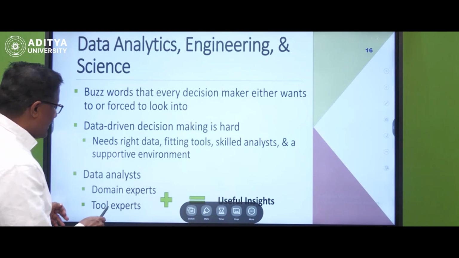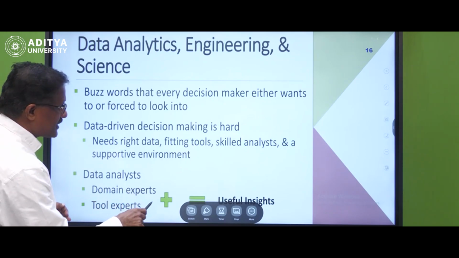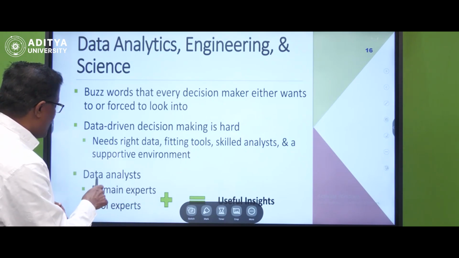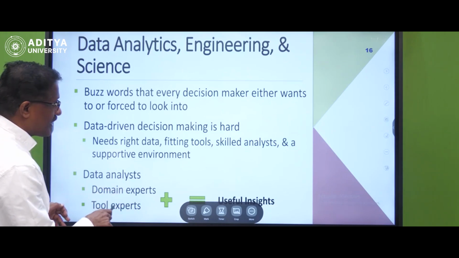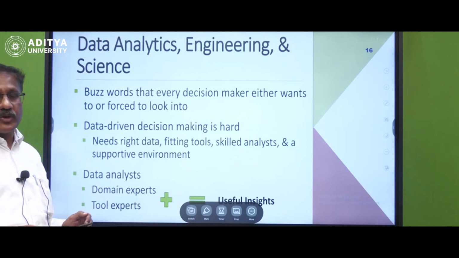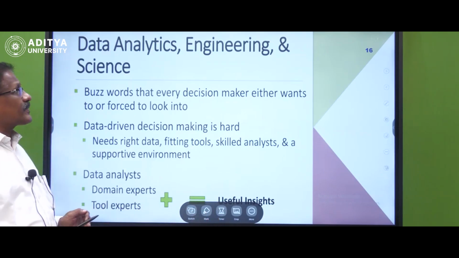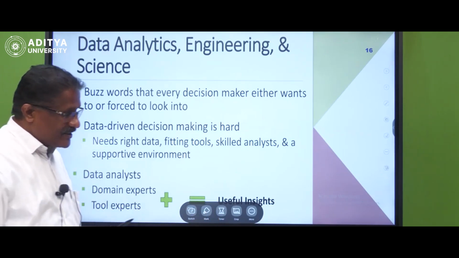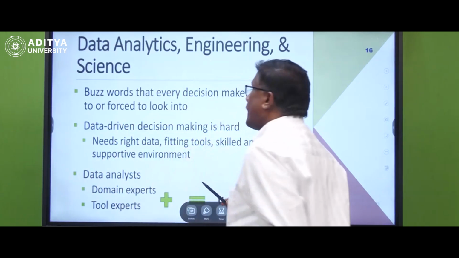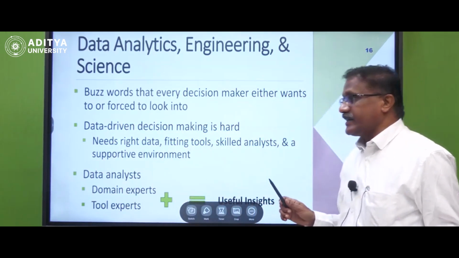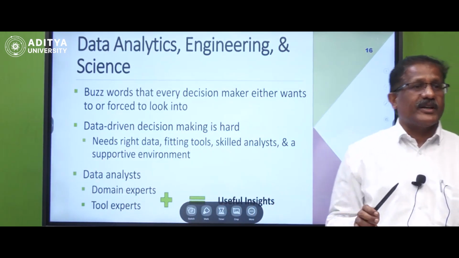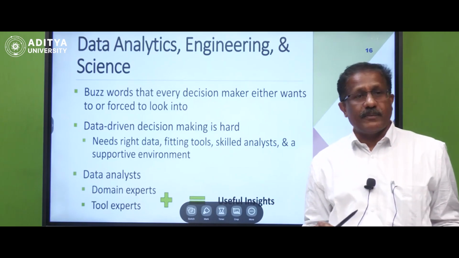All these are combined to work together. It gives beautiful and useful insight into every business. So this particular slide explains how data analytics, engineering and science play a very important role along with big data.